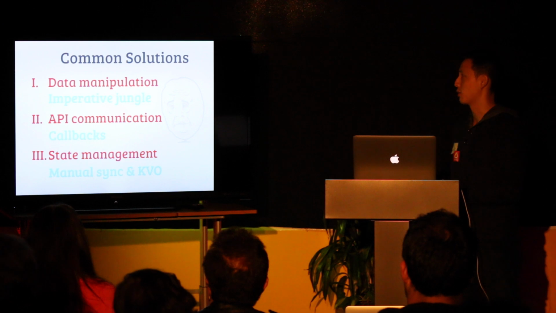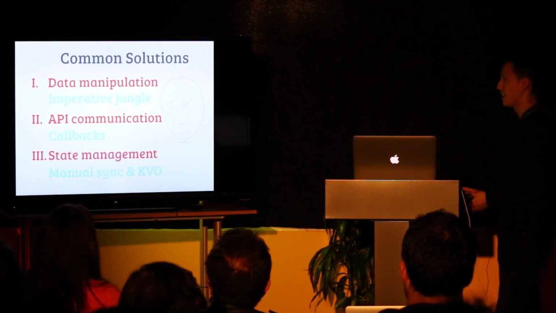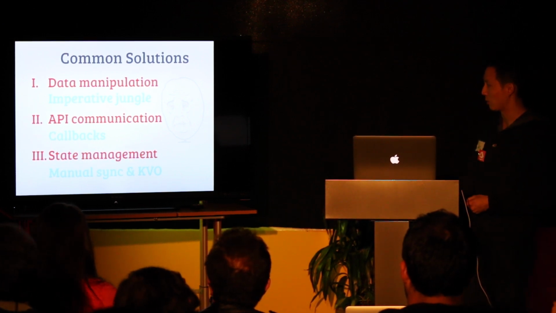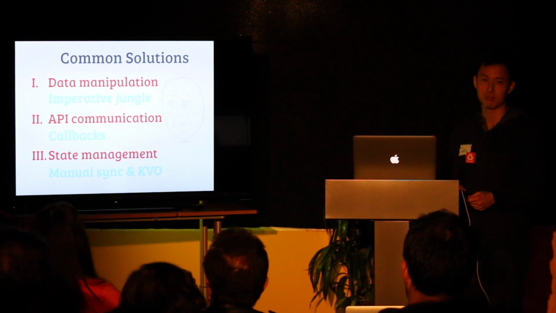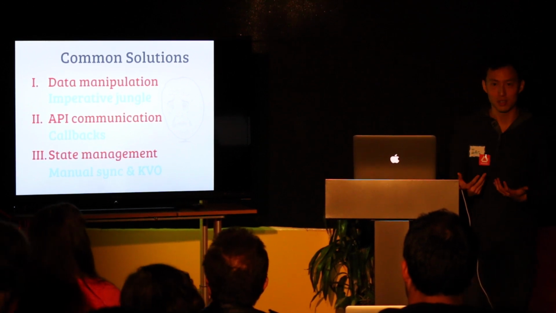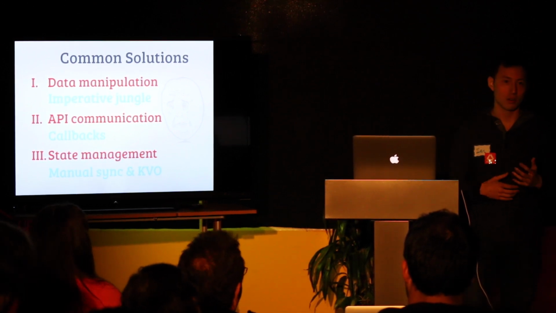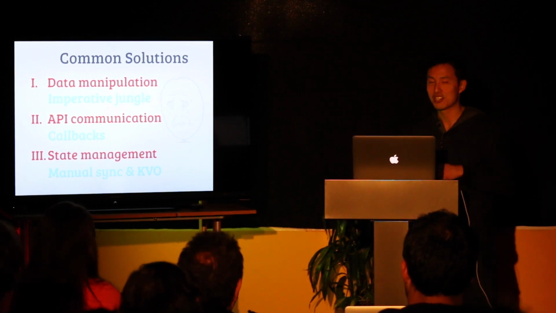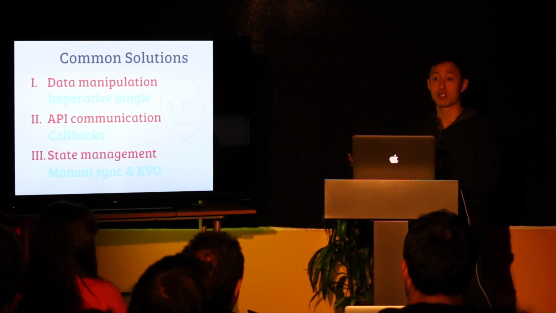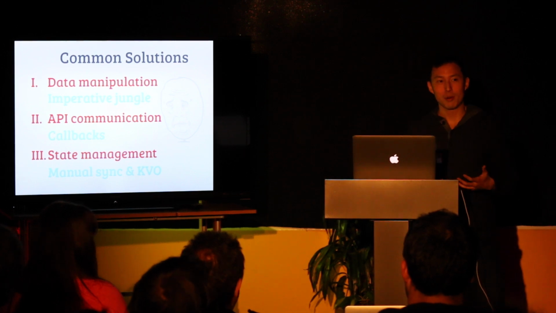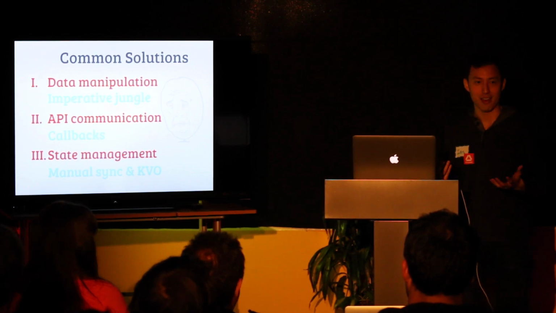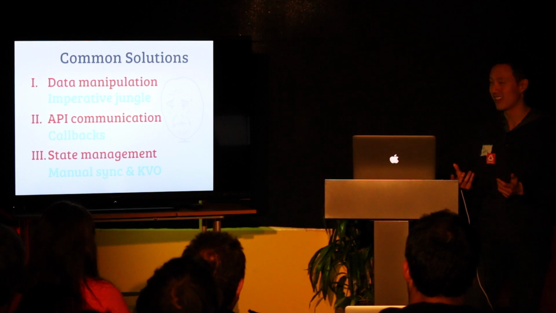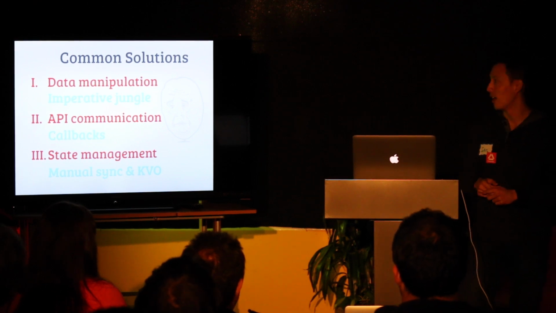Well, you write imperative code to manipulate data, you use callbacks to communicate with your API, and to manage your state, you manually synchronize because of concurrency issues, or you use KVO, or NSNotificationCenter, or the like, right? And chances are, if you use what comes stock with the platform, you probably come away a bit like, meh, yeah, that was okay, it got the job done.